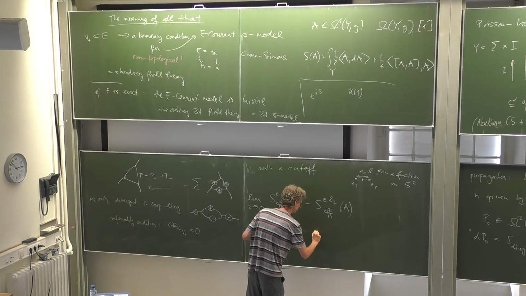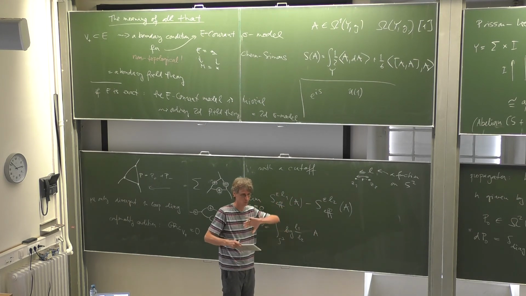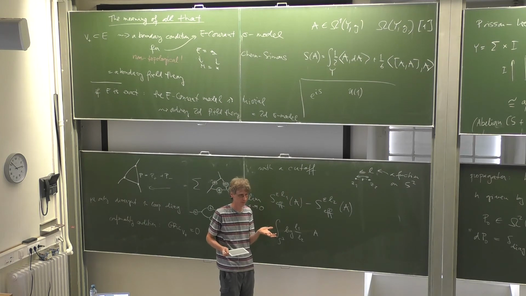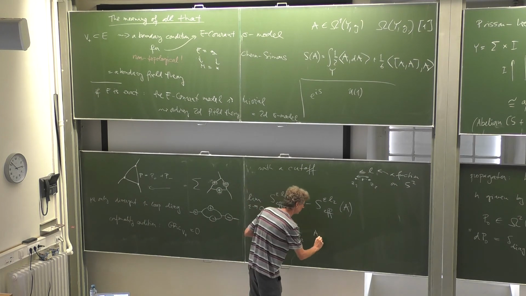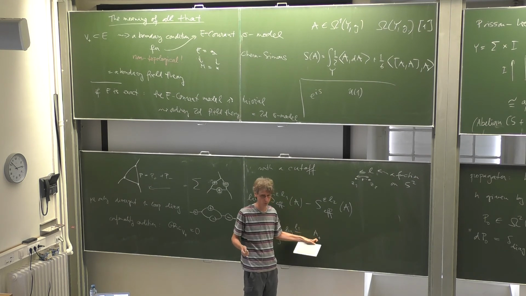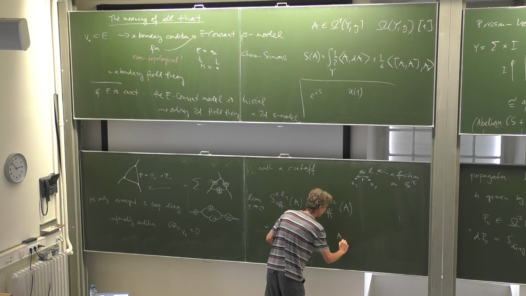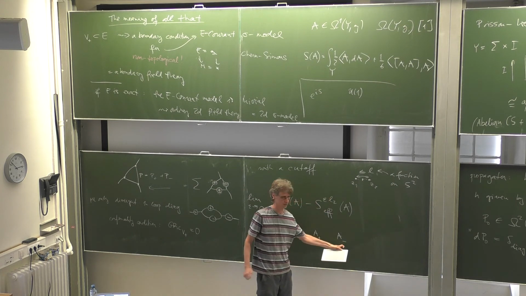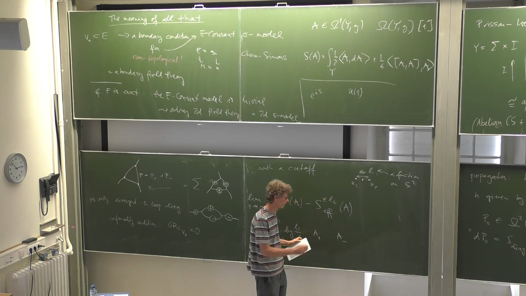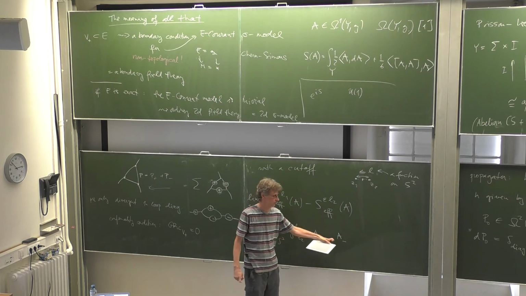We take A just on the boundary, just the boundary value of our field. First we take the part which has values in V plus, let's say. So this is a 0,1 form. And we take the other one, which is a 1,0 form and has values in V minus. And then we have to contract those Lie indices. So this is values in V plus, and this is values in V minus.